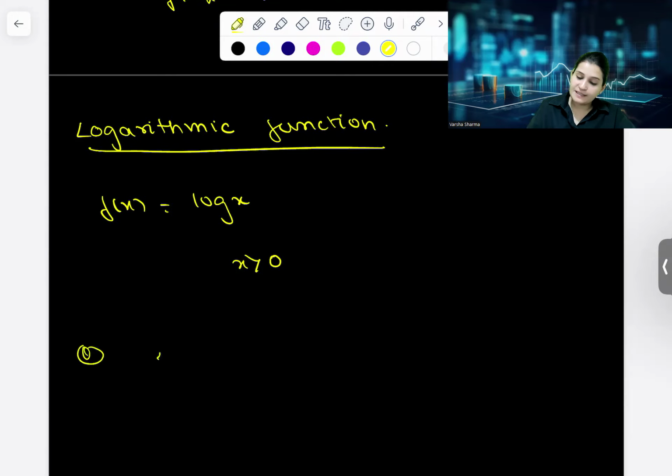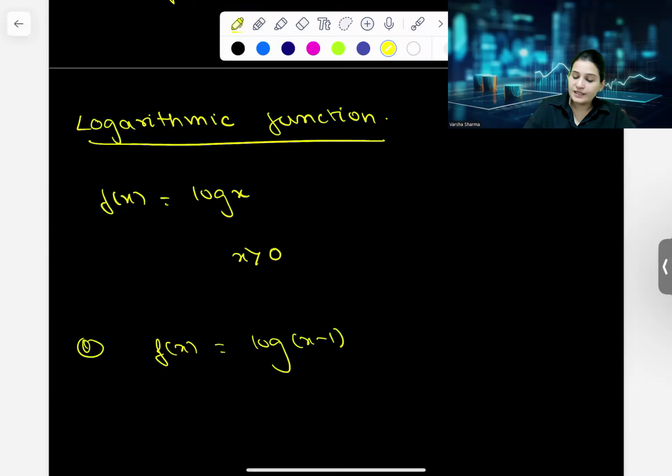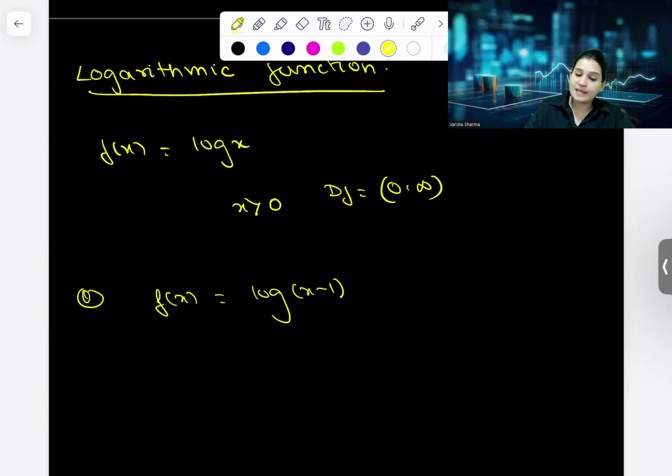So for example, if I say function log x, in this case, domain would have been what? 0 to infinity, round bracket. Here, log of x minus 1. Whatever is written after log should be positive. x minus 1 greater than 0.